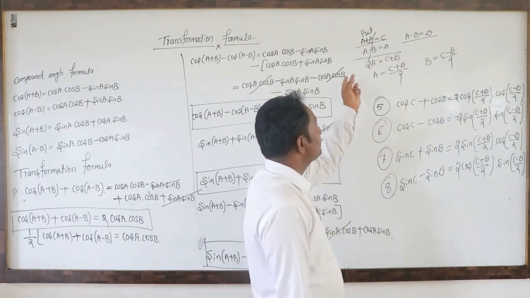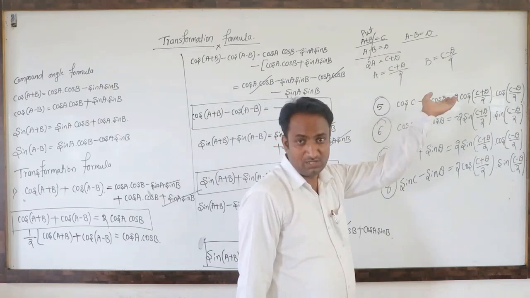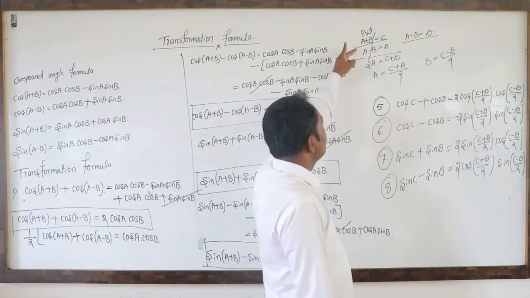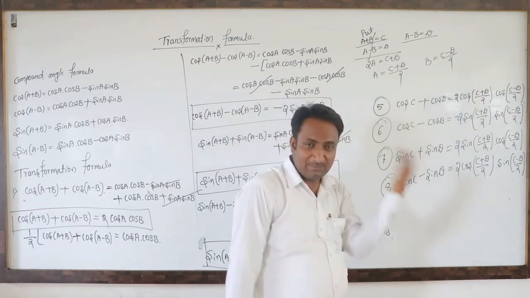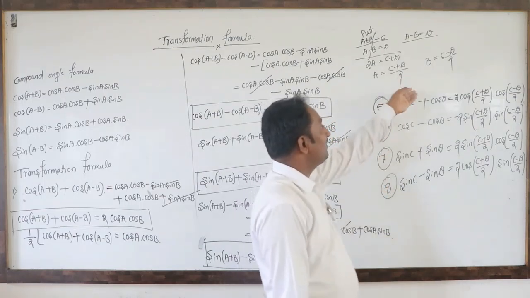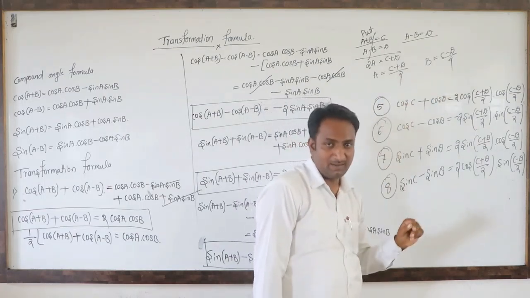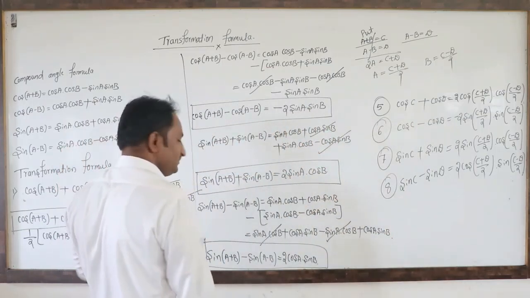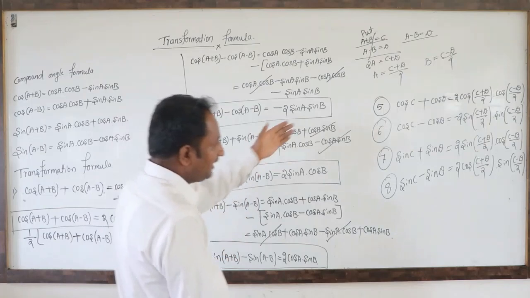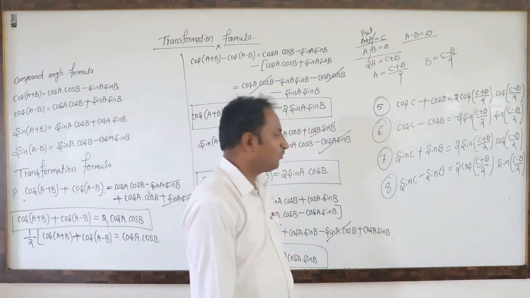In place of a minus b, we can substitute d value. Solving these two equations, we get a value is c plus d divided by 2. Similarly, b value is c minus d divided by 2. Substitute in place of a plus b, a minus b, the a and b values. Again, we get 4 formulas.